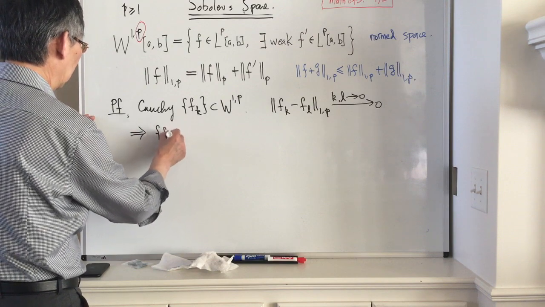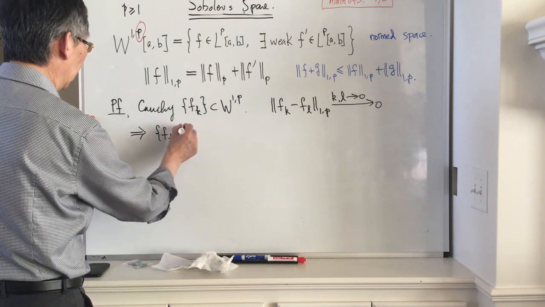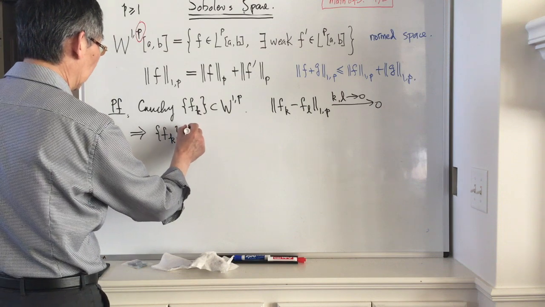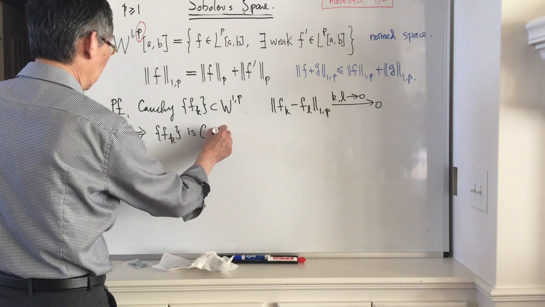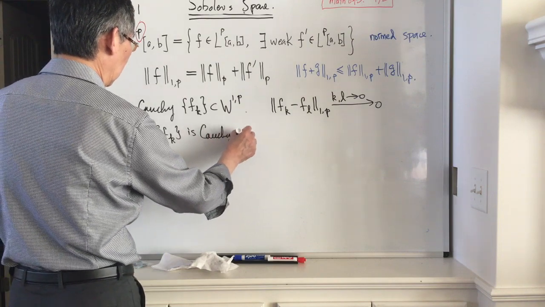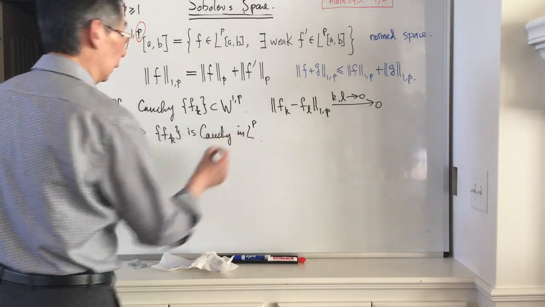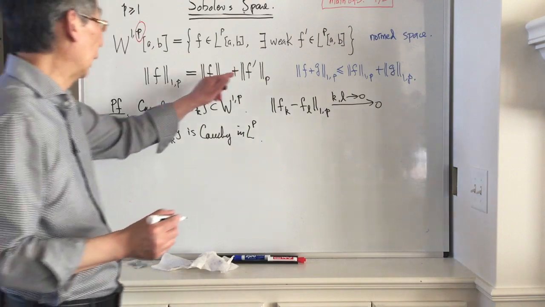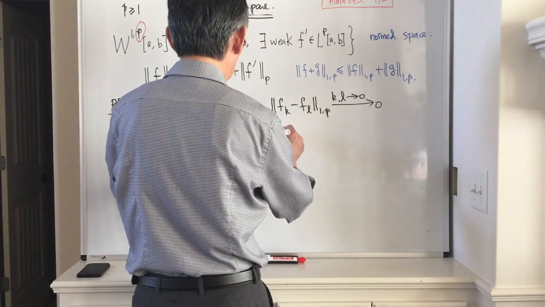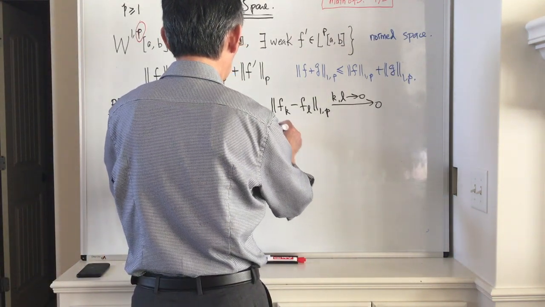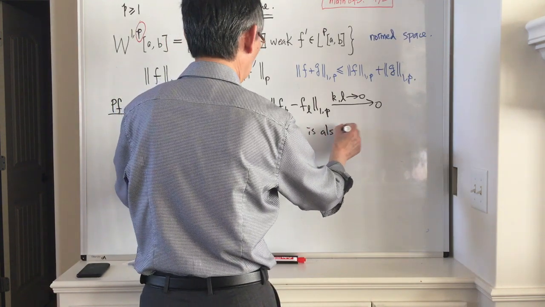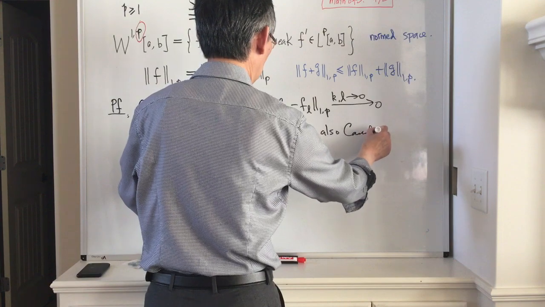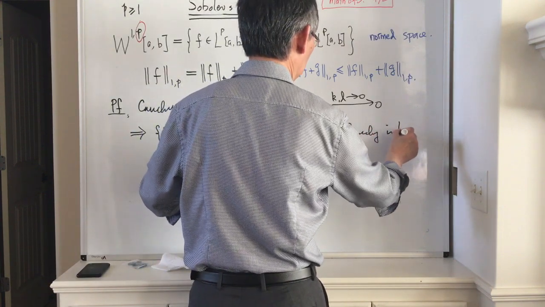So this implies that f_k, if we view it as a sequence in L^p, is Cauchy in the L^p sense. And also the derivative sequence is Cauchy in L^p.